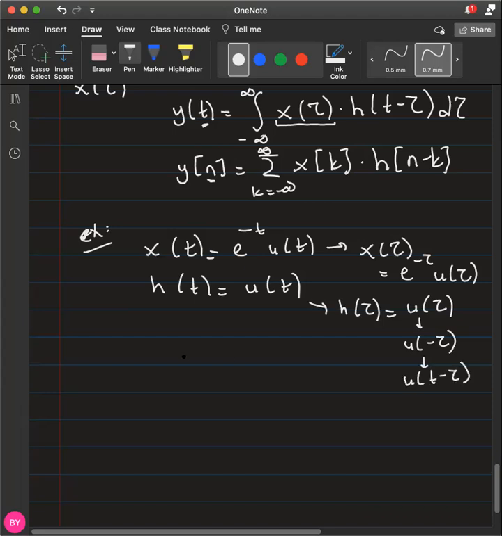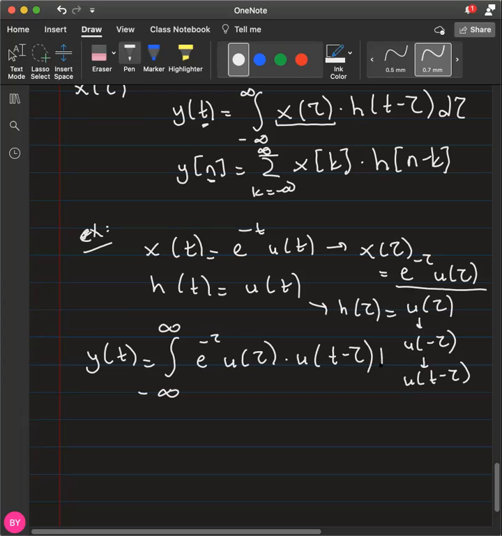Okay? Now I'm going to write my integral. y of t is equal to, from minus infinity to plus infinity, I'm going to write this as it is, e to the power minus tau u of tau times u of t minus tau, and tau will be my integration variable, okay?